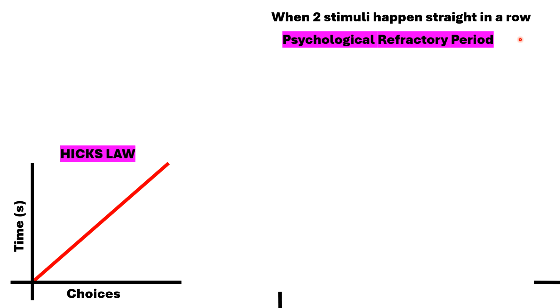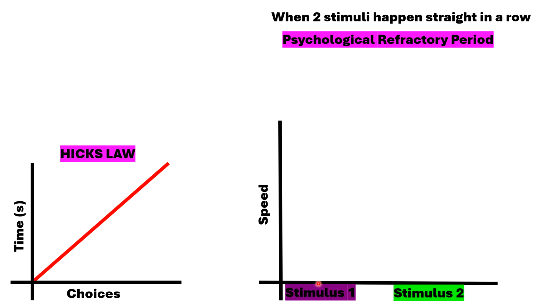Now, looking at the psychological refractory period, when two stimuli happen straight in a row, we'll see the following. We'll see that this is the speed of response. These are the two stimuli. For the first stimulus, the response is going to be at this speed, and we compare it to the second stimulus.